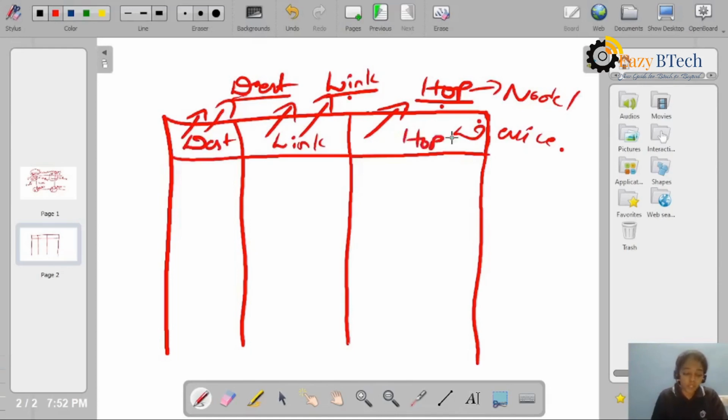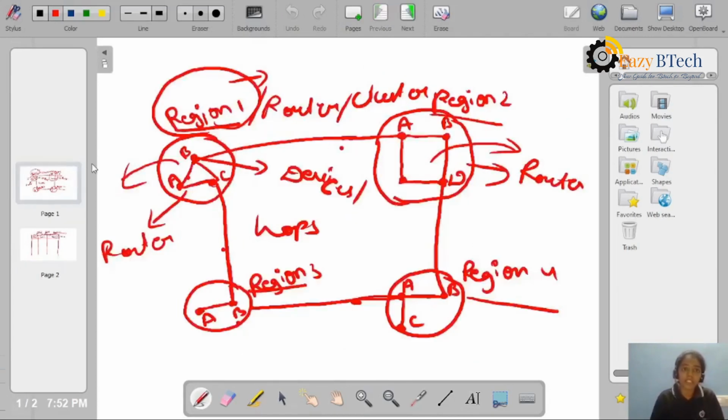Okay, so here we will see each and every node. We have to write a routing table here. These three nodes will be in region 1, so I am calling them 1A, 1B, 1C.